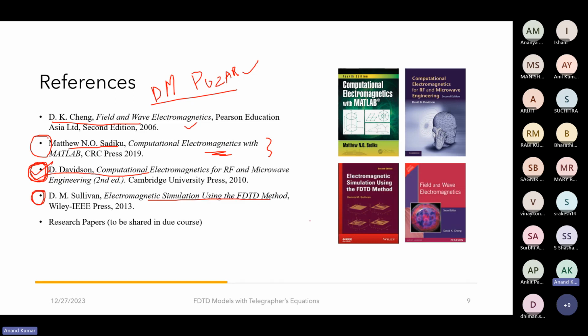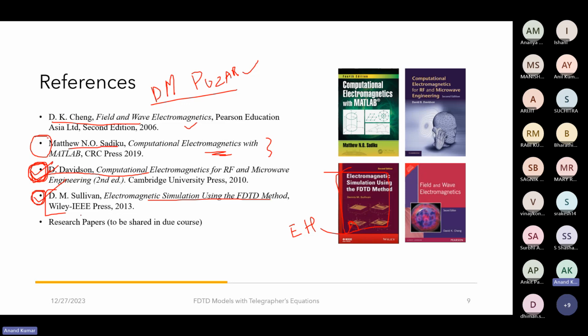This is a very good book if you want to study FDTD using electric and magnetic fields. It is based on Maxwell's equations, and all the problems in this book are very good. We'll use this book, but if you follow this course, you will be able to understand everything in this book as well.